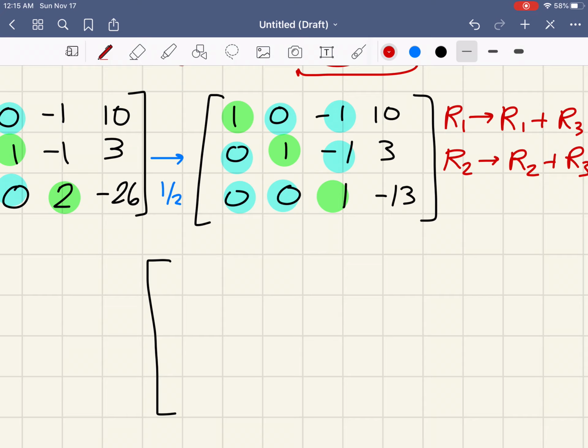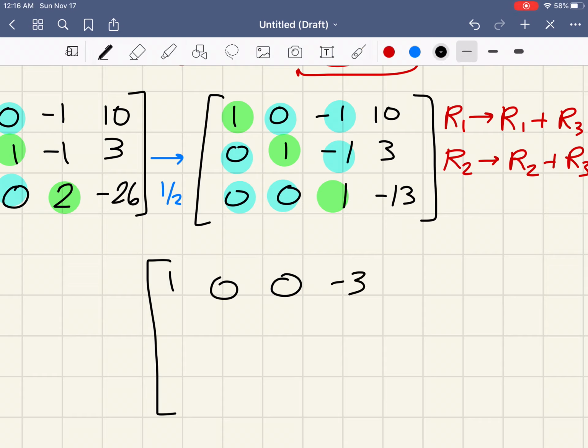Okay, so we're going to get 1, 0, 0, and then, because 1 plus 0, 0 plus 0, -1 plus 1, that's 0, 10 and 13, we get -13, we get -3.